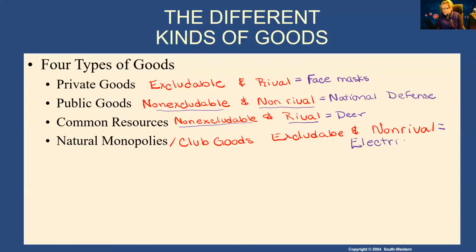And you're going to see in the Monopoly chapter why the government would make it excludable. So the government makes the excludability, but it's not rival in consumption. If I overuse electricity, it doesn't mean that there's less for you, unless we're in a brownout situation. That's a little bit different. Okay.